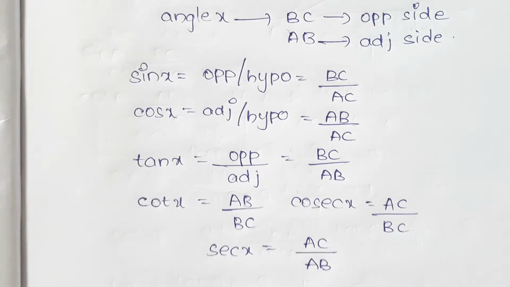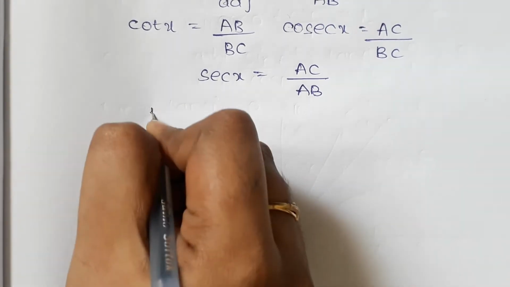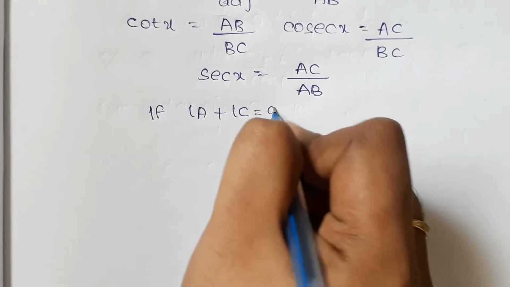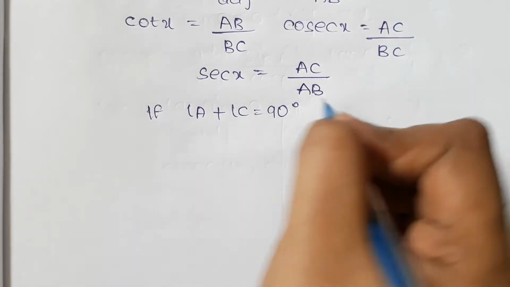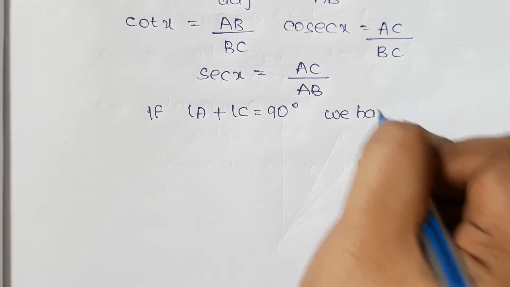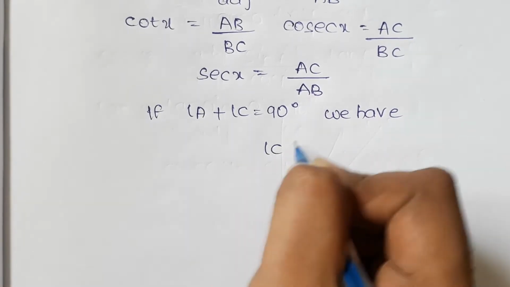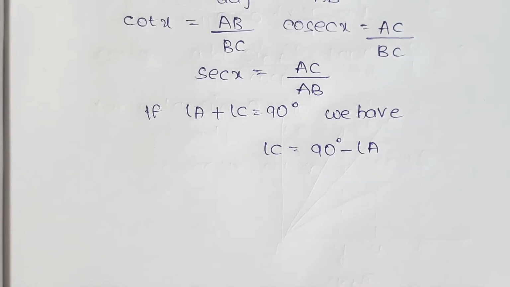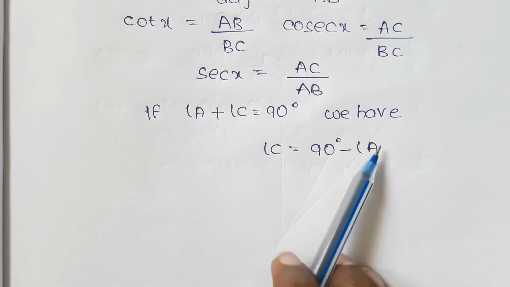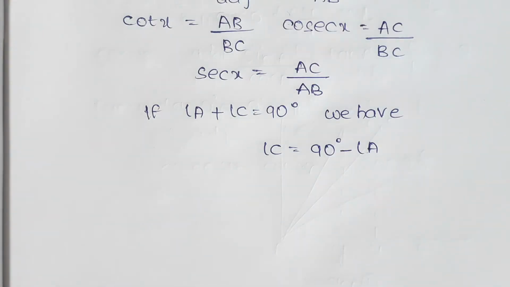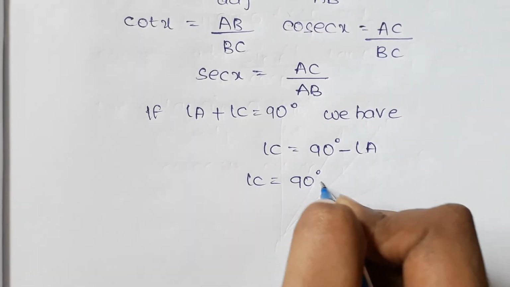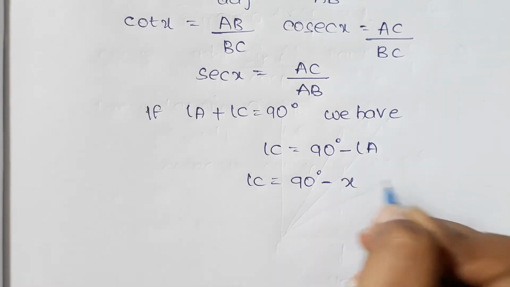And now here, if angle A plus angle C is 90 degrees, then angle C is equal to 90 degrees minus angle A. And angle A is nothing but x, as we already assumed. That is, angle C is equal to 90 degrees minus x.